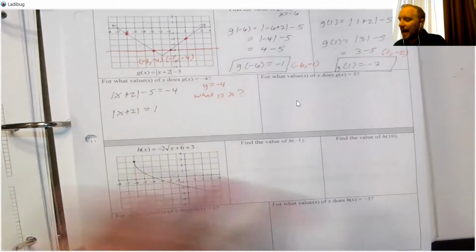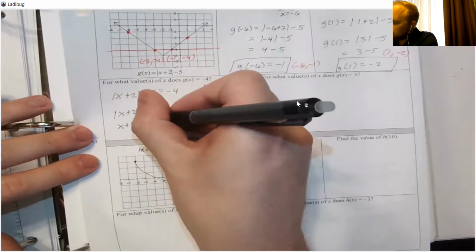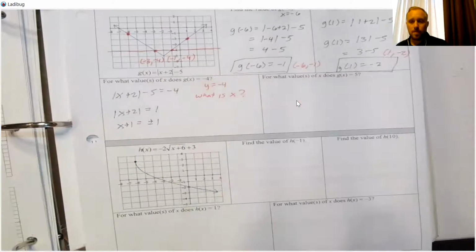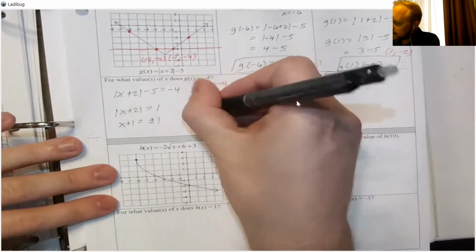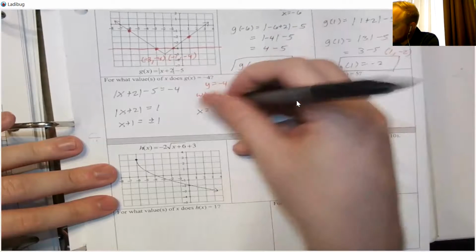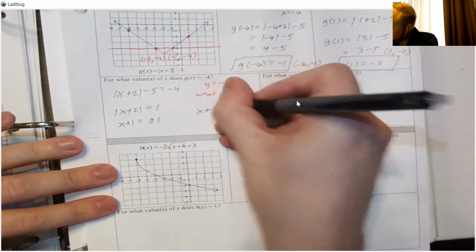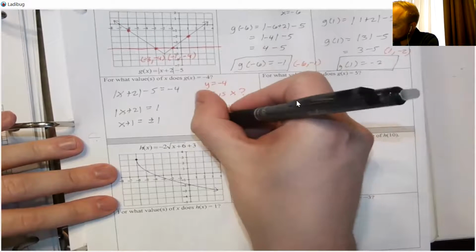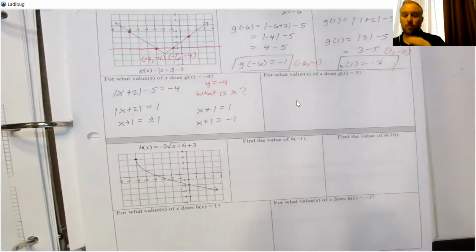We get rid of the absolute value bars, and we put a plus or minus 1. Okay, so there's two equations here now. We have x plus 2 equals 1, and we have x plus 2 equals -1. And then we're just going to solve.